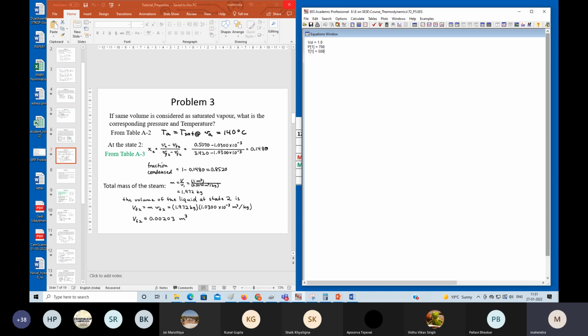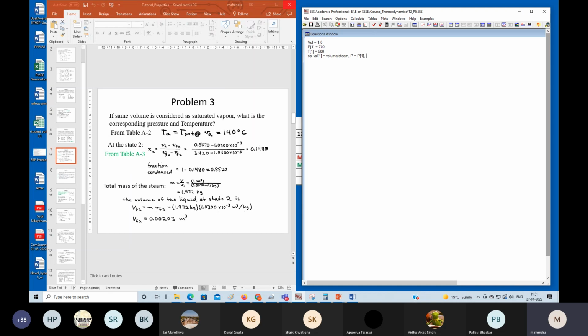At this point, we need to calculate our specific volume. Specific volume at 1 equals volume. The fluid is steam, then P equal to P1.